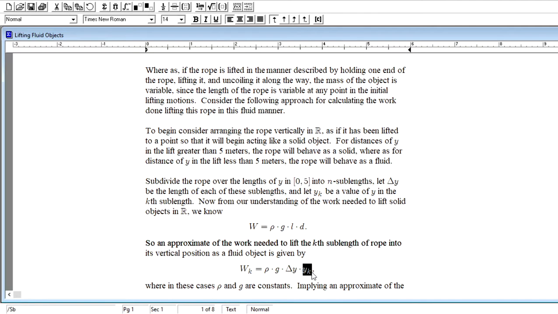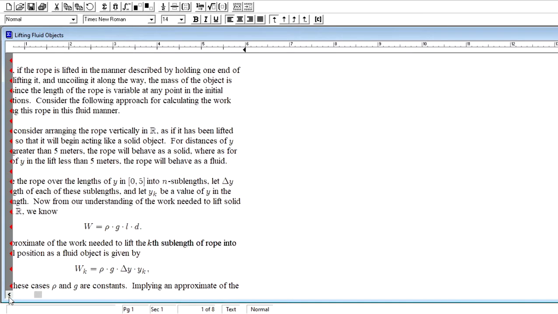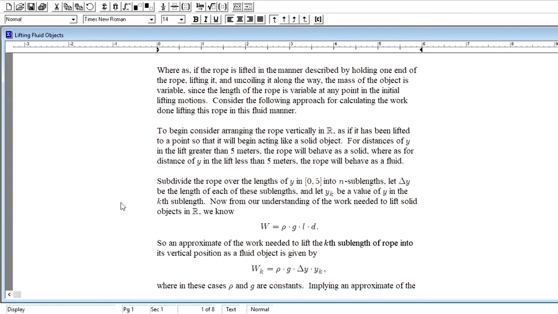Y sub k is going to describe the distance that that little subinterval of rope had to be lifted, from the ground level up to its current location. In this case, rho and g are certainly constants.